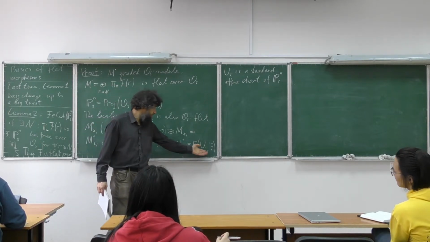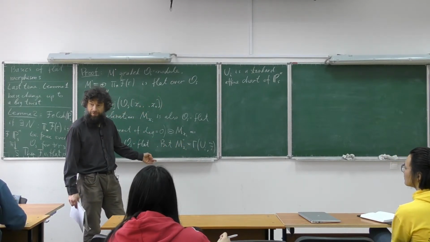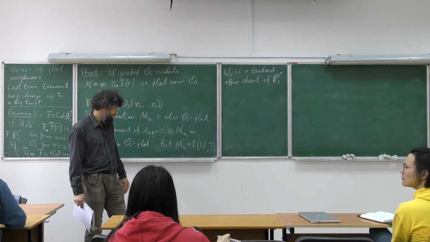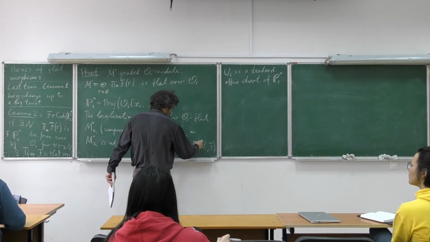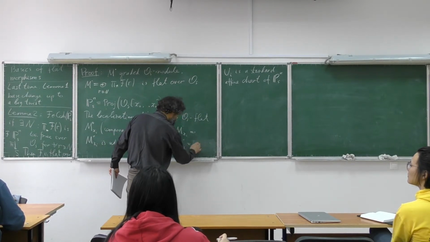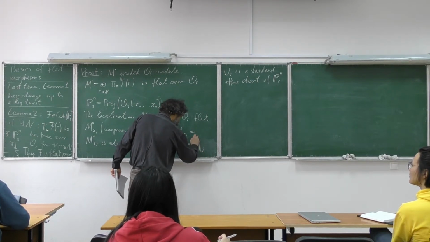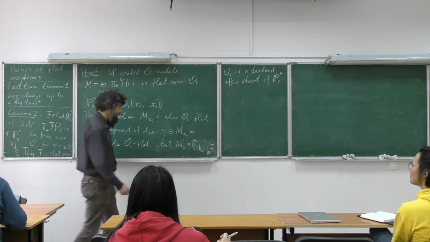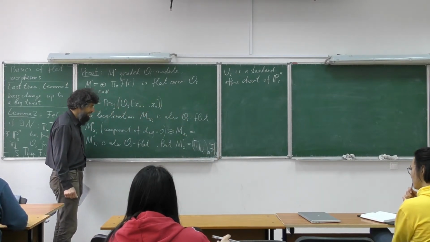Well, it's an OS module, and this is an OS module. And these two OS modules are equal. Everything here lives over the base S. Gamma sections over U is a module, not a sheaf. And the left hand side. Okay. But I think you understand what is going on, and I can write pi restricted to Ui of F, maybe again restricted to Ui, but I think it was clearer in the previous notation, no?